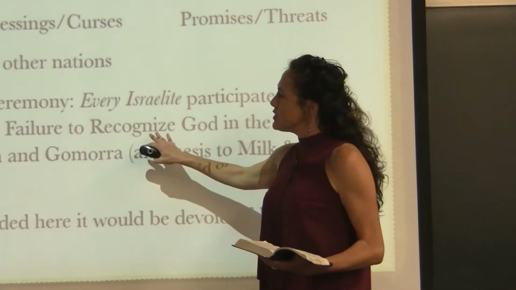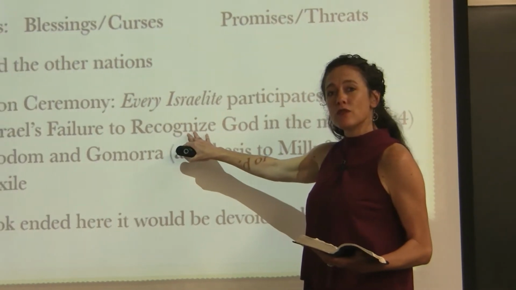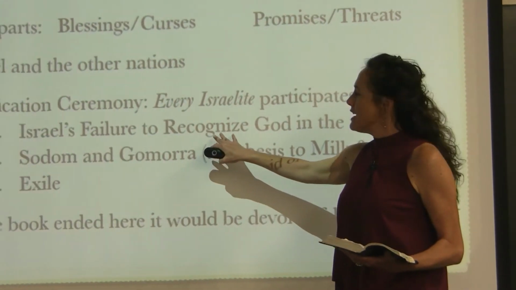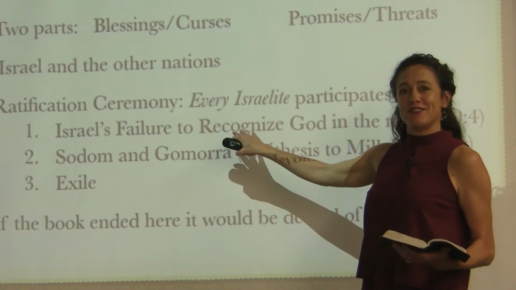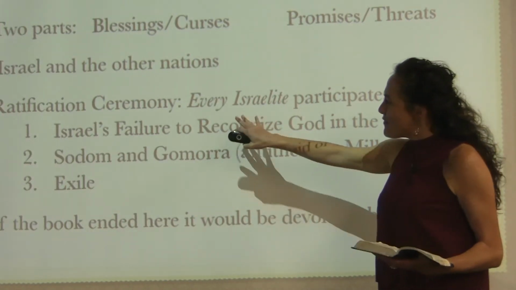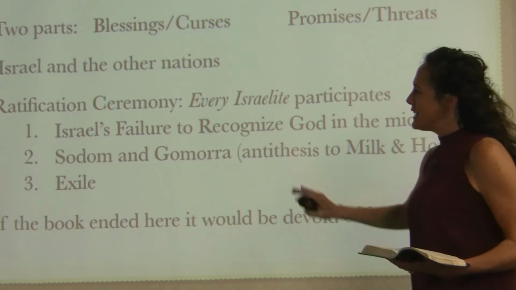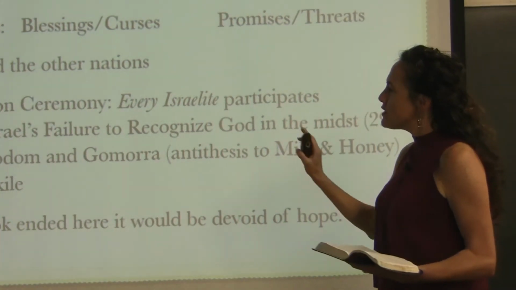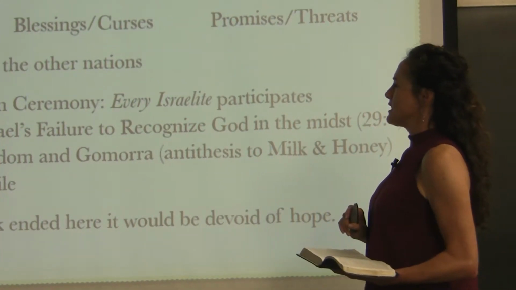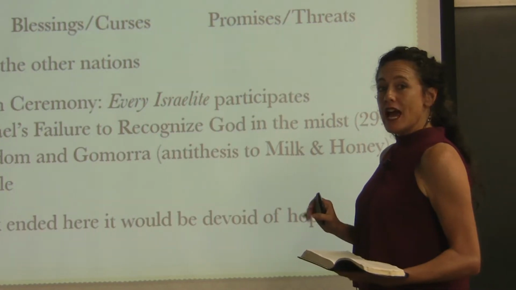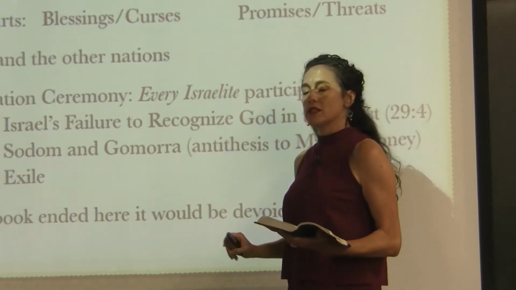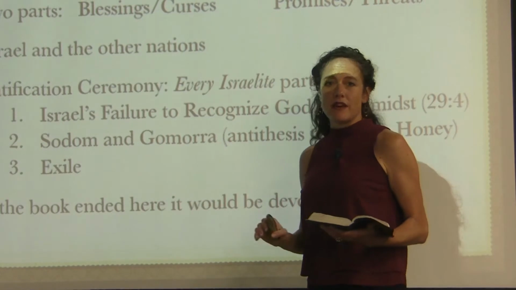And there is this recognition, as Deuteronomy has recognized throughout the whole book, that Israel might fail. So we have already, again, in chapter 29, this idea that Israel will likely fail to recognize God in their midst. And then we're going to have this contrast with Sodom and Gomorrah and a promise of exile.